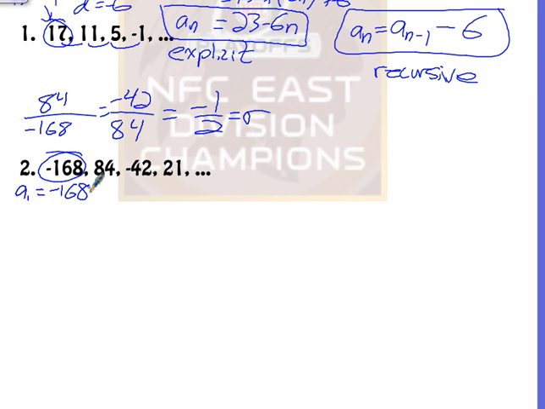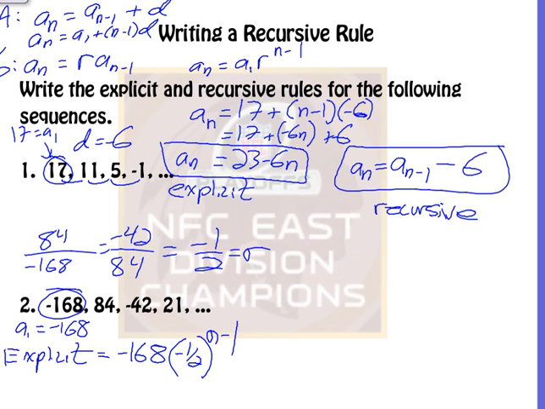So I'll go through and write my explicit rule. From the top, I know that's A1, so negative 168, times R, negative 1/2 to the n minus 1. So that's just simply putting that in to this right here.